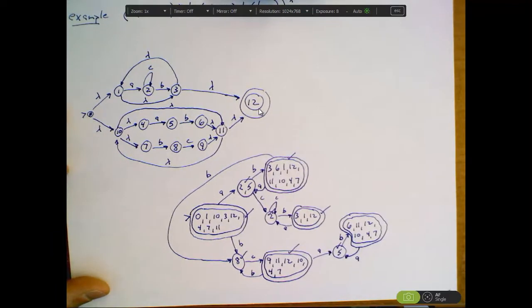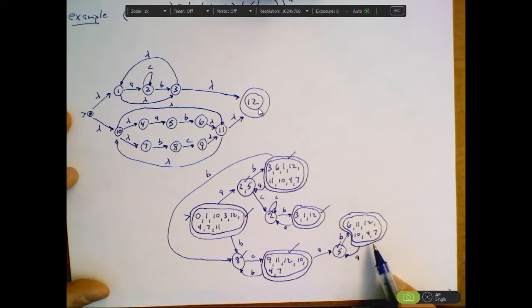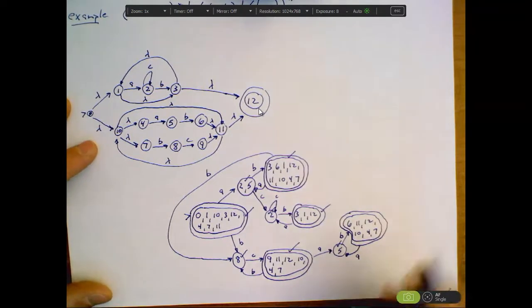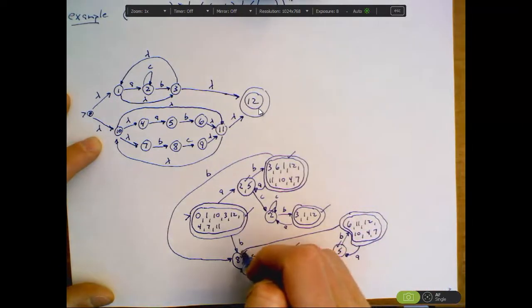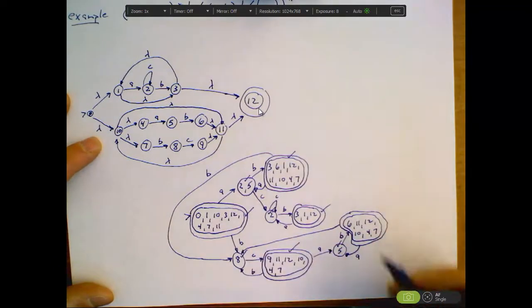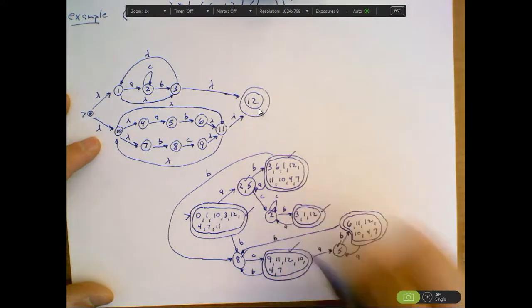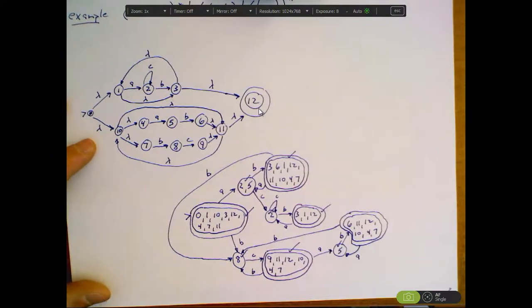Alright. How about a B, 6, 11, 12? Again, 6, 11, 12, and 10 only have lambda arcs. 4 can't do a B, 7 can go to 8 though. So this one has an arc back this way. That's on B. And what about C?